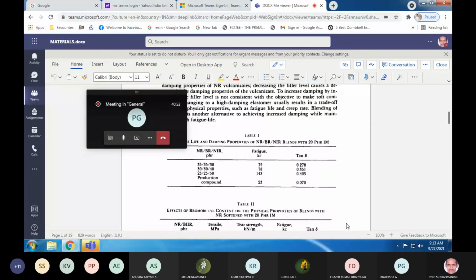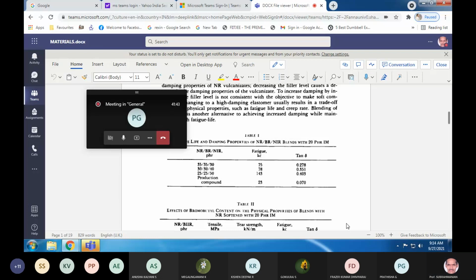It is similar to NBR, but in place of butadiene you have isoprene: an acrylonitrile-isoprene copolymer. So you have NR, BR, acrylonitrile isoprene rubber, and a fourth component, IM, which is liquid isobutylene. You have 4 components.